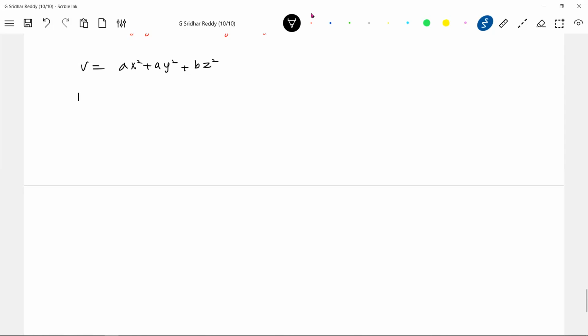So if I differentiate with respect to x, I'll get the field component. So this will become 2ax. Similarly, if I differentiate with respect to y, this will become minus 2ay. If I differentiate with respect to z, minus 2bz.